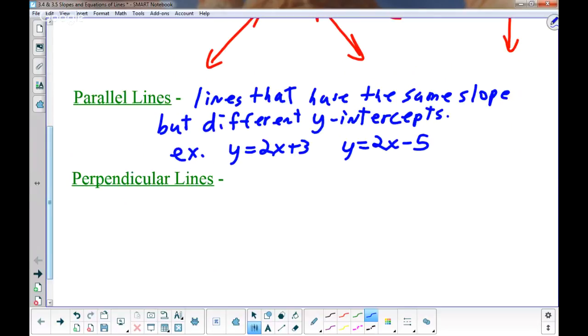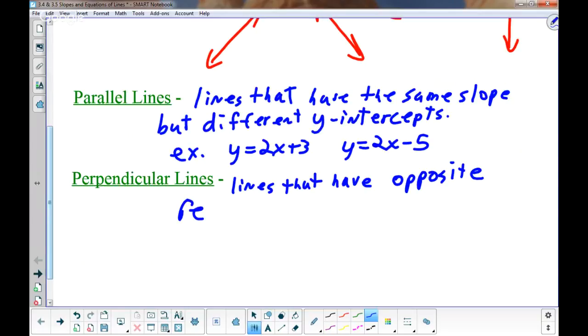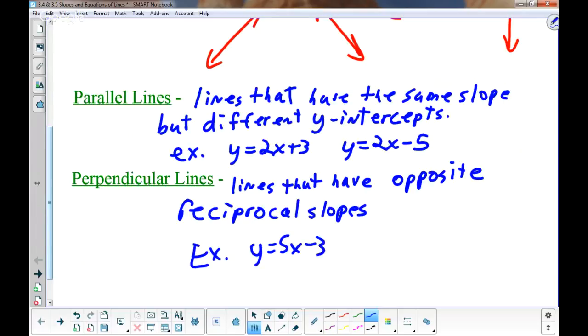The next thing we have is perpendicular lines. Well, perpendicular lines are lines that have slopes that are opposite reciprocals. So, for example, y equals 5x minus 3.